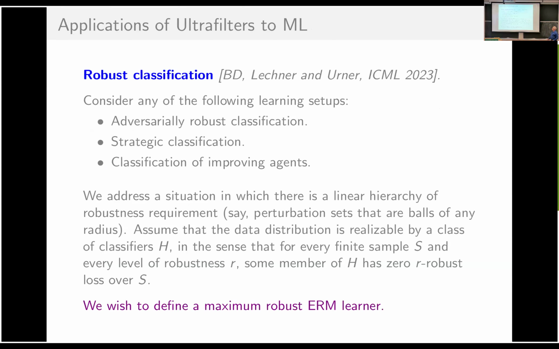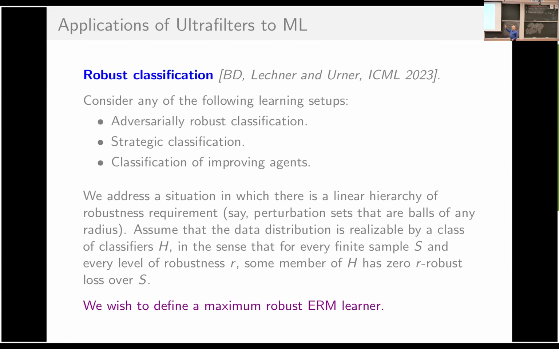Say you want adversarial robust classification, classifications that an adversary cannot distract, or strategic classification, in which you do a classification, but the elements can strategically fake their feature vector and look different, and you still want to not miss the classification.